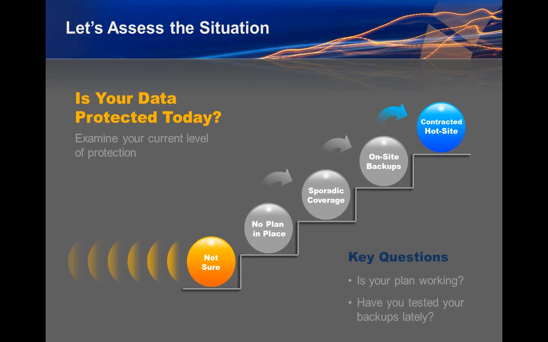Assessing your current disaster recovery situation or your plan is the first step in approaching a solution. Where are you at today? A lot of people don't know. It's as simple as that. Others, and most common, have sporadic coverage. They have an extra server lying in one of their other offices.